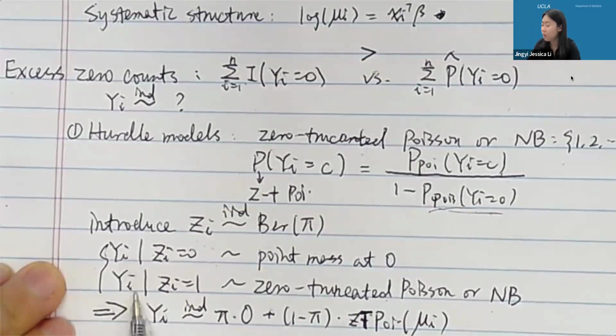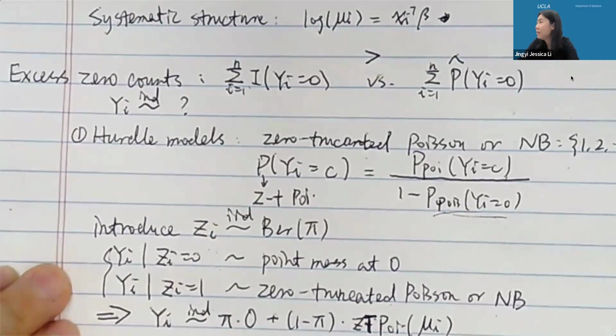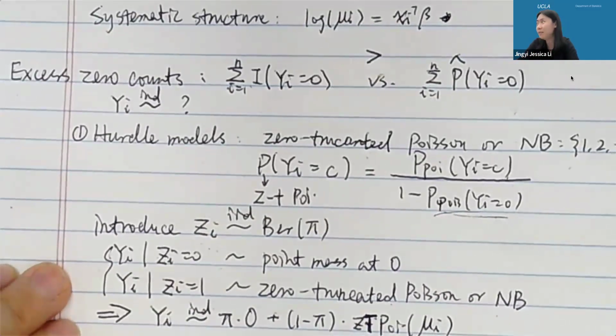When yi is positive, zi must be 1. When yi is 0, zi is 0. This one-to-one correspondence is a good thing about the hurdle model regarding interpretability, if we care about this latent variable for interpretation. Another thing is that because of the zero truncation and the need for renormalization, the likelihood is complicated. You make the likelihood more complex.